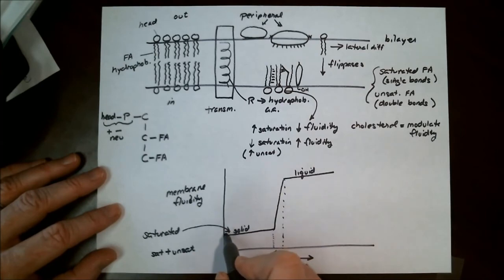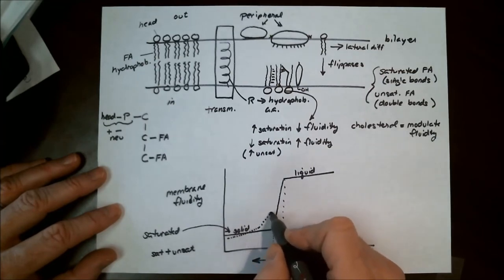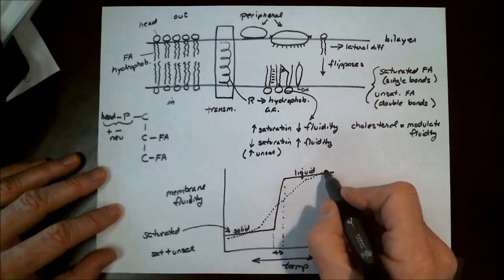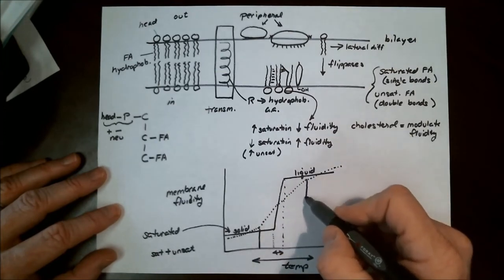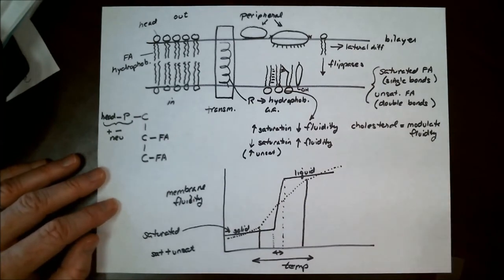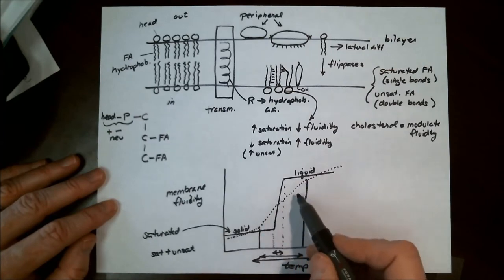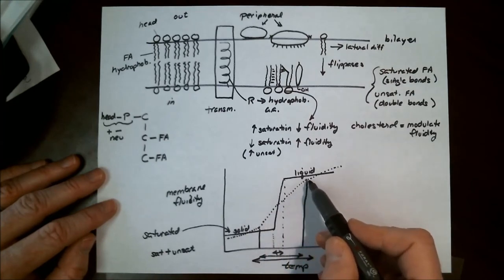What we will see here is essentially a little bit more of the width of the temperature range for phase transitions. So now we have a phase transition that has increased the width. So in this range here, with the introduction of an unsaturated fatty acid, we have essentially increased the temperature range for our optimal membrane fluidity.